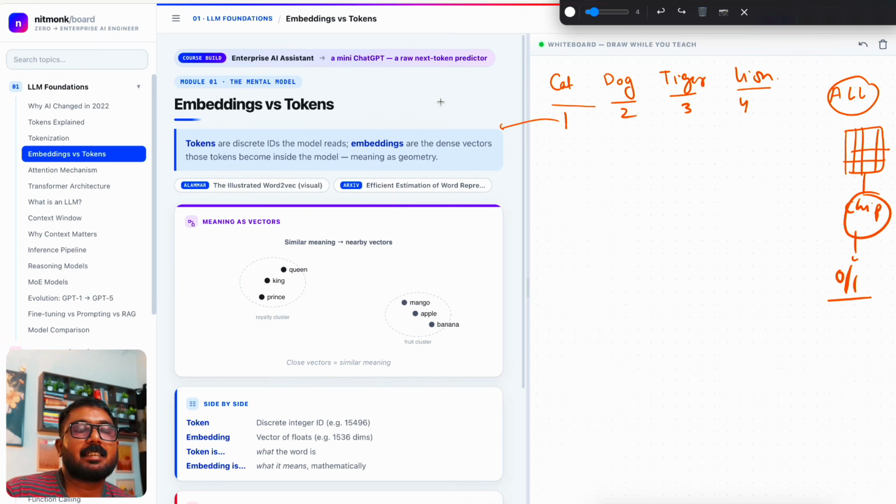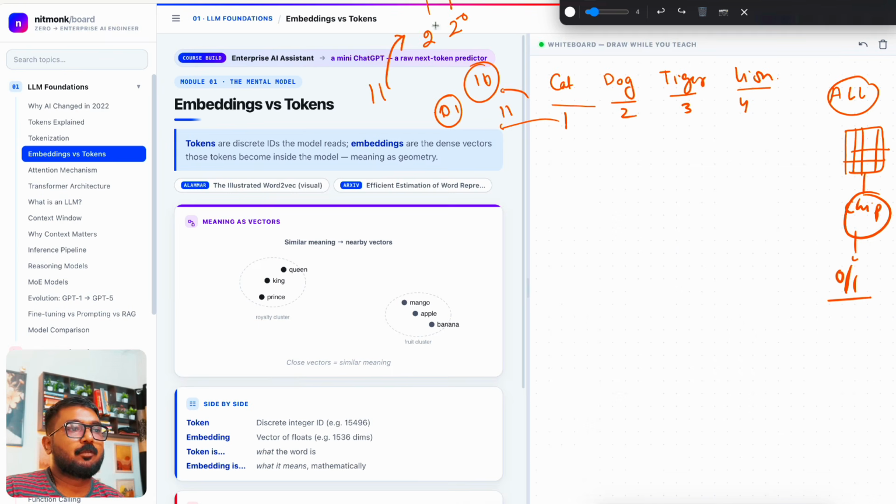Then these turn to binary: 1 is 0 1, 2 is 1 0, and 3 is 1 1, which is 2 to the power 1 plus 2 to the power 0, so 3. And this is 4.